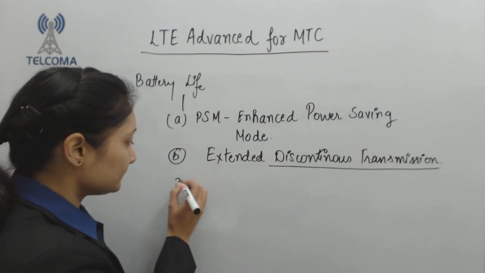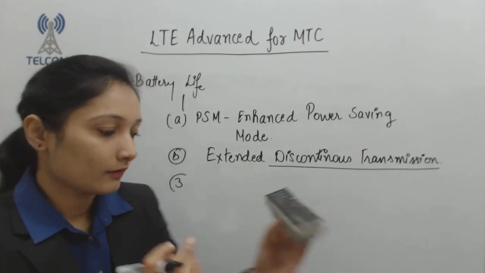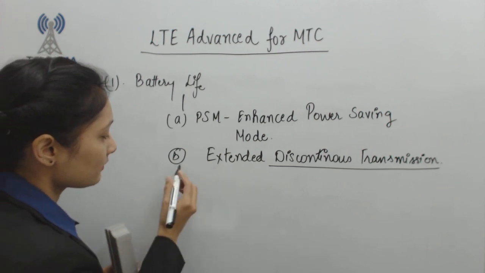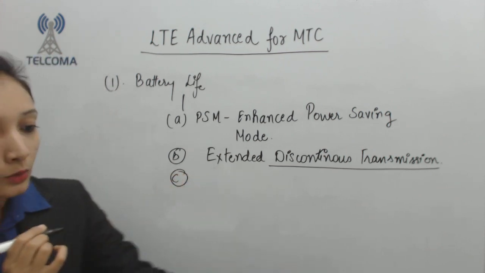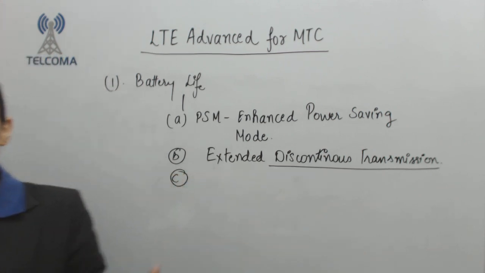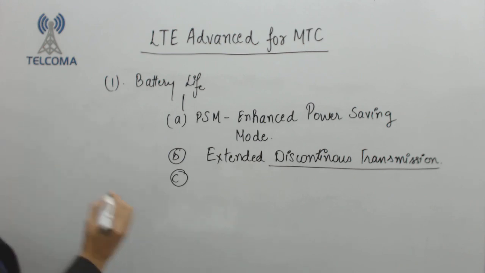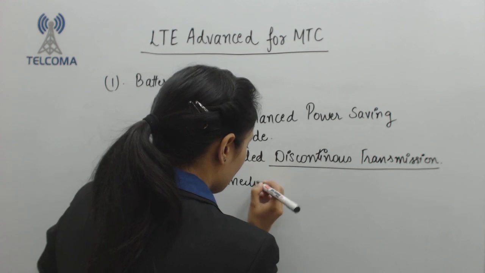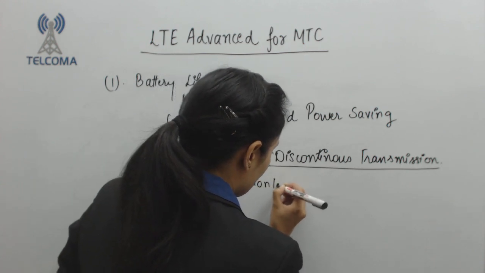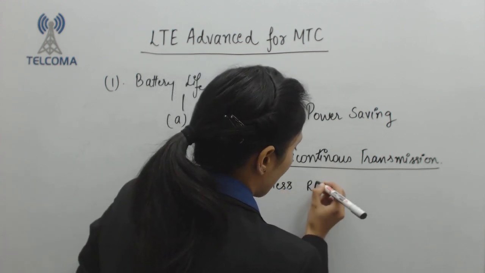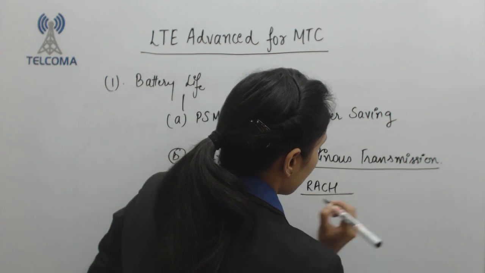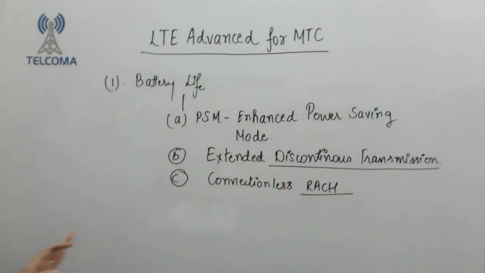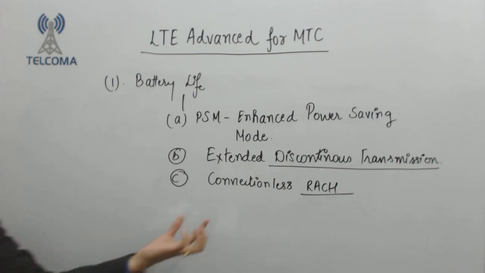The third sub-factor which I have here is the connectionless random access channel. That means the data transmission is done on this common channel.